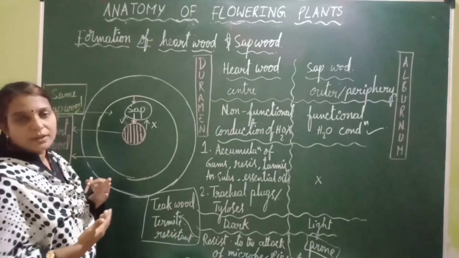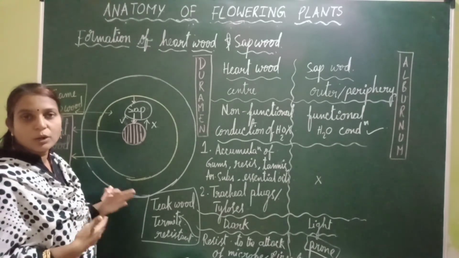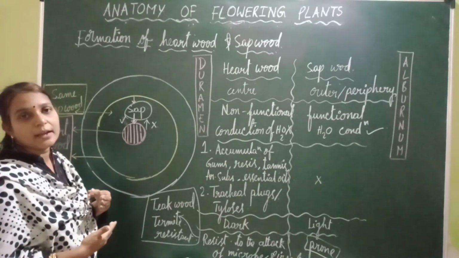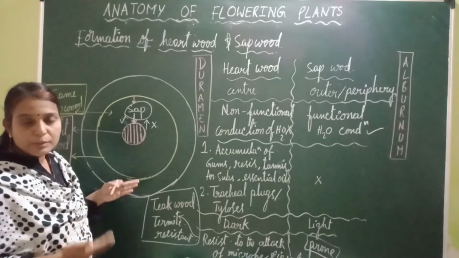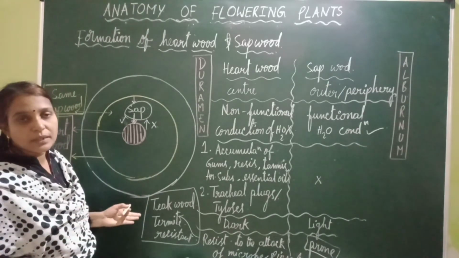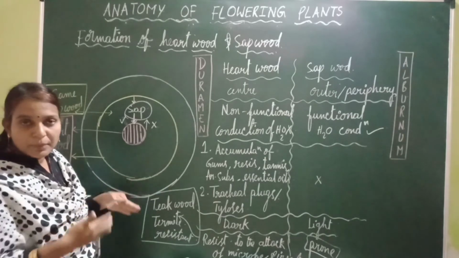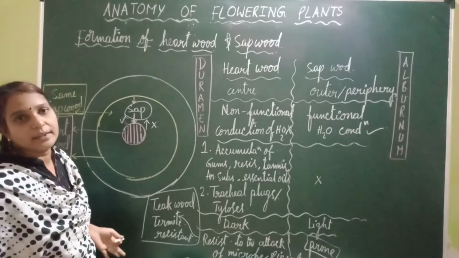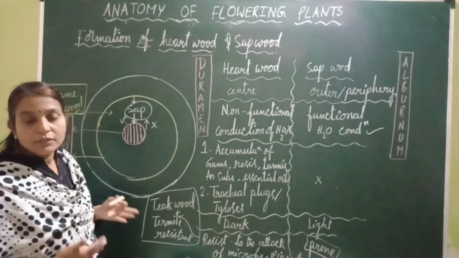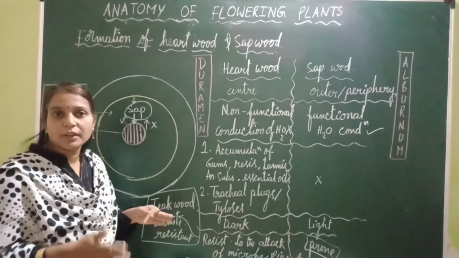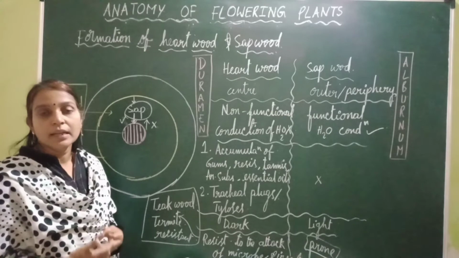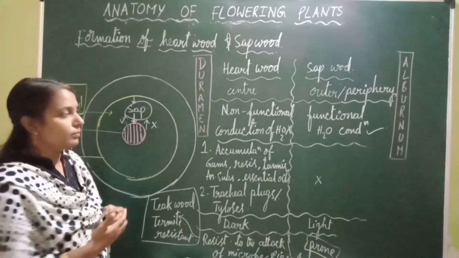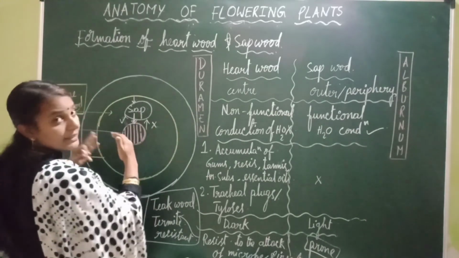To protect this peripheral part of the plant from the loss of water and even from the attack of microbes and insects, this peripheral part of the plant must be again replaced. The peripheral layers which undergo breakdown must be replaced by a protective layer, and so for replacement of these peripheral layers by a protective layer, another cambium is formed outside the stele.